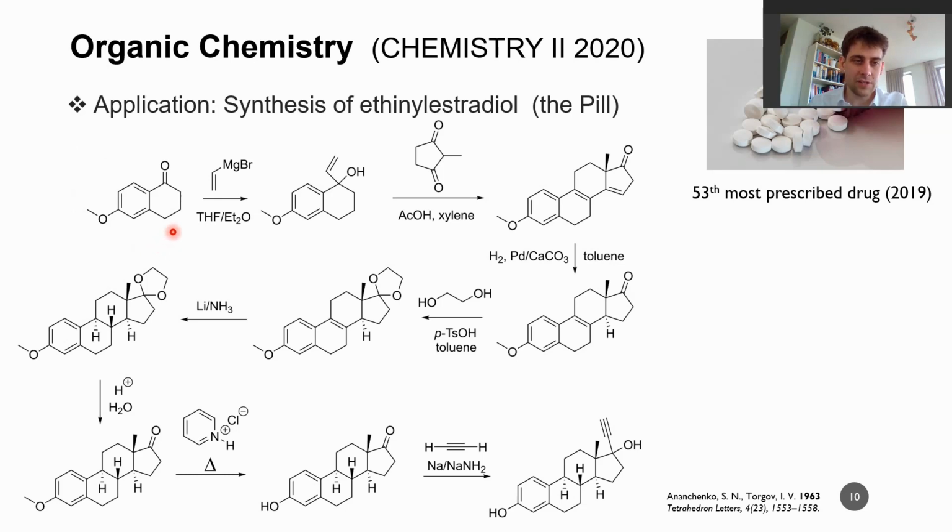You see, our starting material is something that involves 2 cycles, and we have a carbonyl group to begin with, and this carbonyl group can act as an electrophile together with the Grignard reagent.